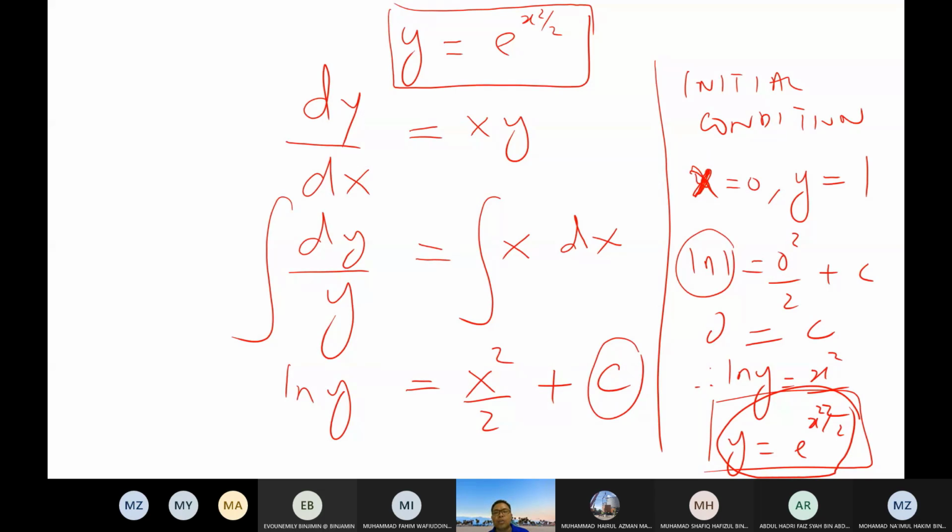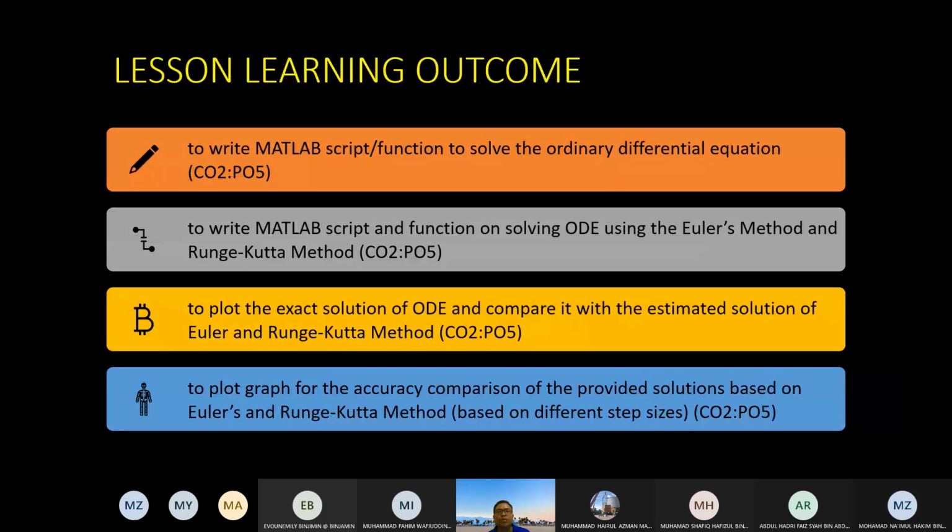Okay, as the introductory part, we have to know the learning outcomes. The learning outcome is to solve the given ordinary differential equations by writing a MATLAB script or Octave script.